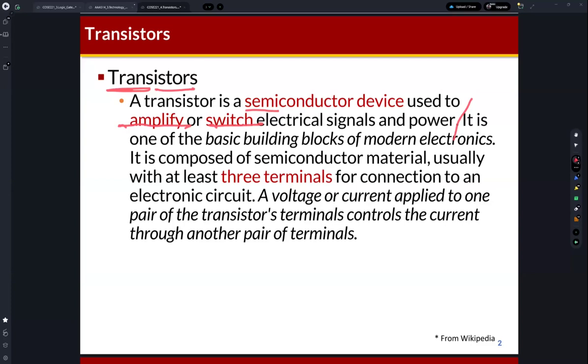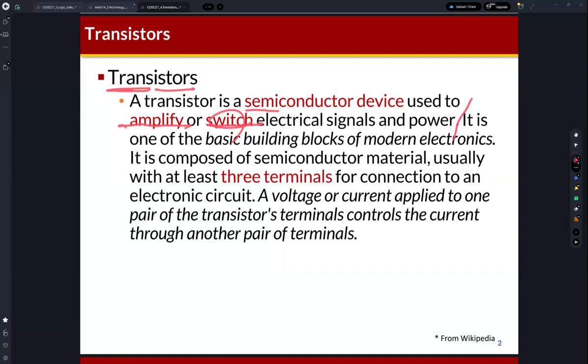A transistor is a very basic electric component that is used for building digital systems. We can use the transistor like a switch.